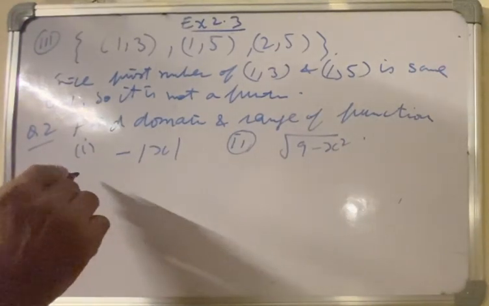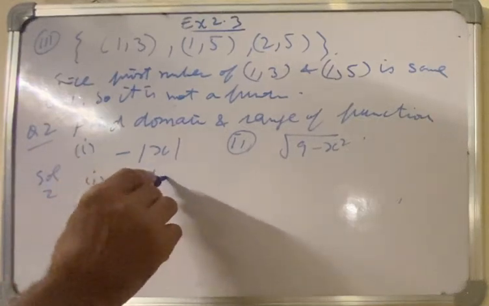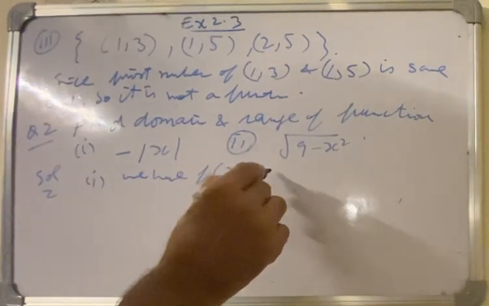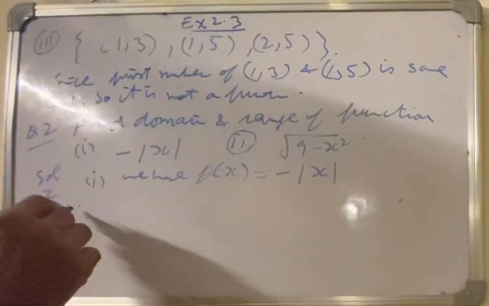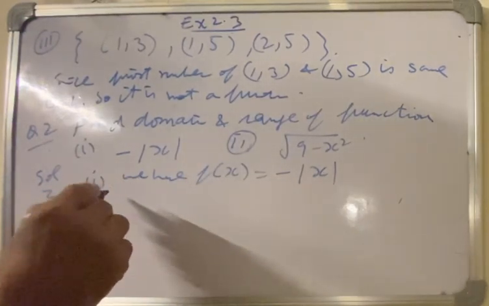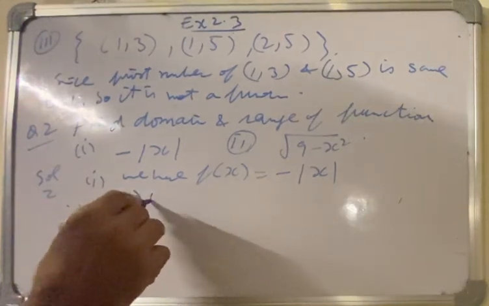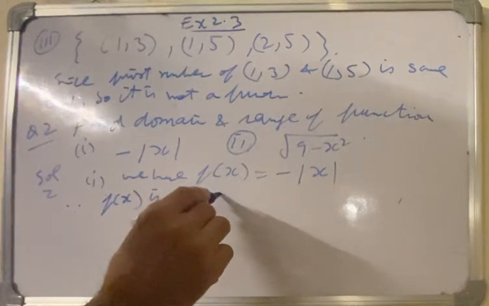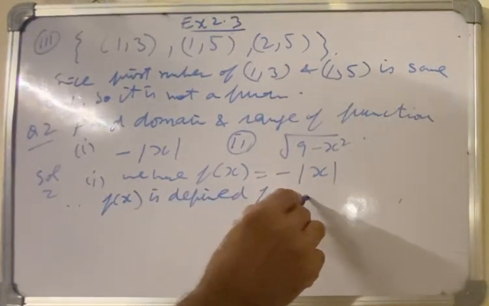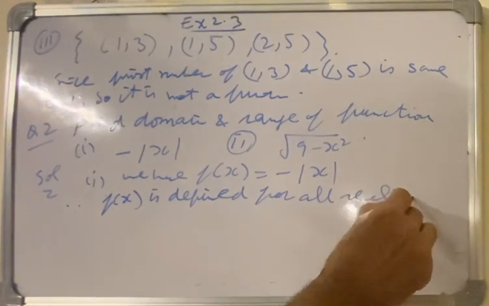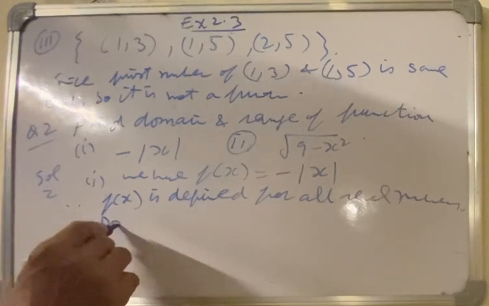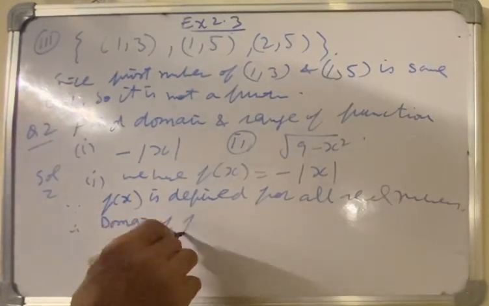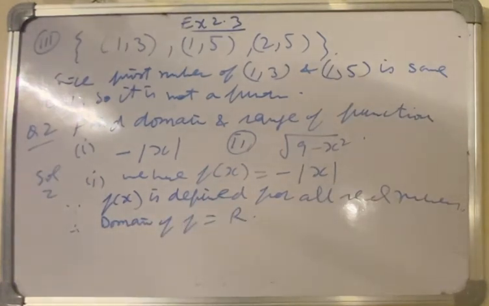Solution. First part, we have f(x) is minus mod x. Since f(x) is defined for all real numbers, therefore the domain of f is the set of real numbers.